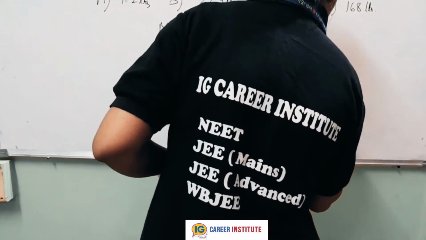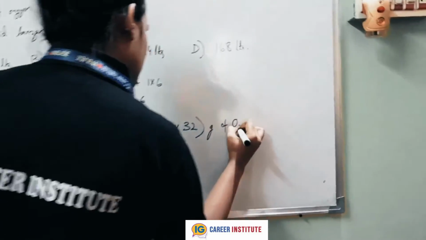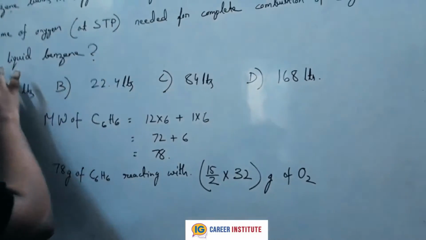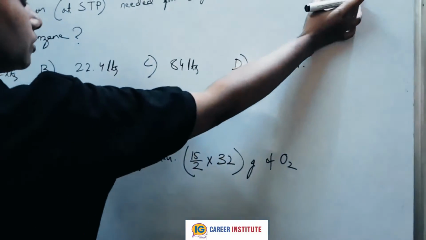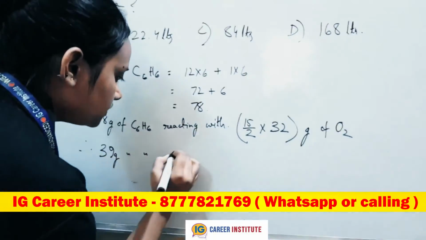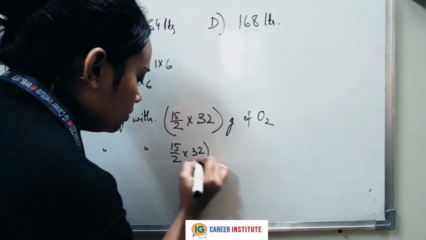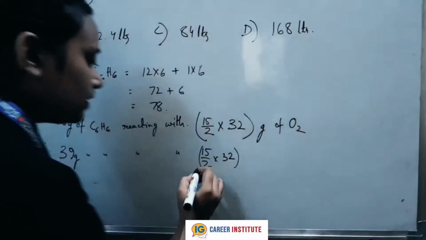Oxygen 32, this many grams of oxygen. Therefore, for how much gram we have to calculate? 39 grams.